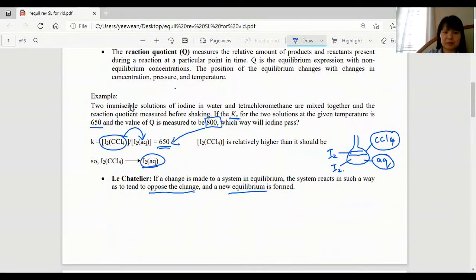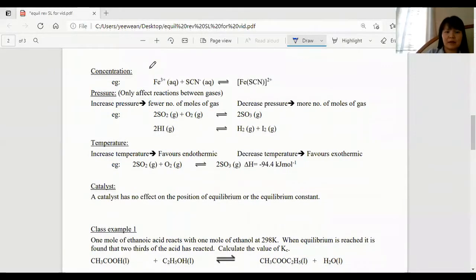Let's say this reaction is already at its dynamic equilibrium. That's when the rate of forward and reverse reaction is the same, and there are no more changes in the concentration of Fe3+, SCN-, FeSCN2+. So they all have constant concentration at that point. And suddenly I were to add some FeCl3.